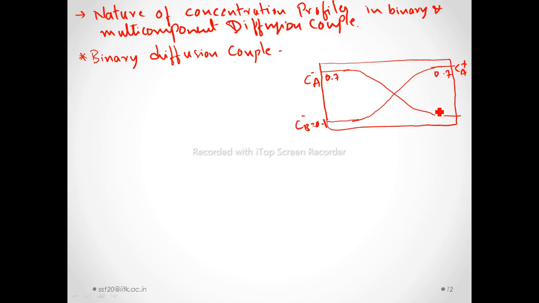We will consider Cb plus, on the positive side, as 0.2. So this is the diffusion zone that we have obtained. Here x equals minus 35 and x equals plus 35. These are the x coordinate values.